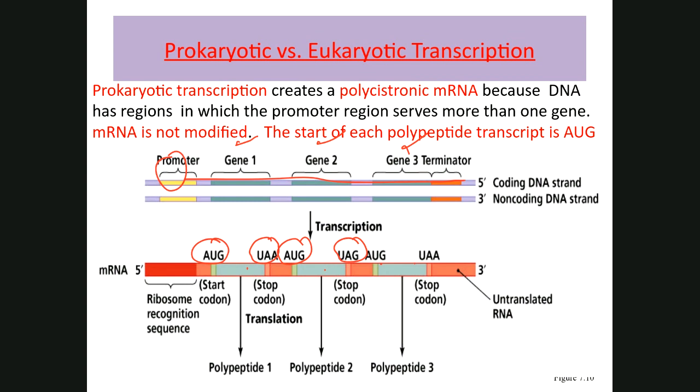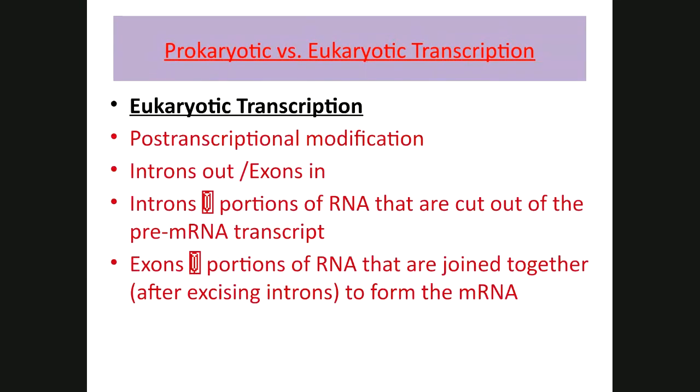That's the end. AUG is start the next protein. UAA is the end of that protein, of the recipe for that protein. Okay, so it tells you where the beginning of the recipe is, where the end of the recipe is for each of the genes. So you should know what polycistronic DNA is, polycistronic messenger RNA is, and where is it found? It's found in prokaryotes.